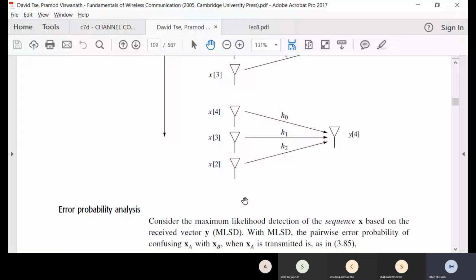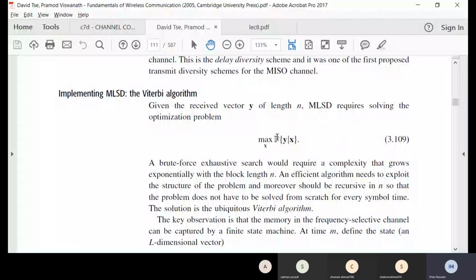But if I want to detect a sequence, this will become exponentially large with the block length. For example, the greater the size of the vector, you will need to see all the possibilities of the sequence.